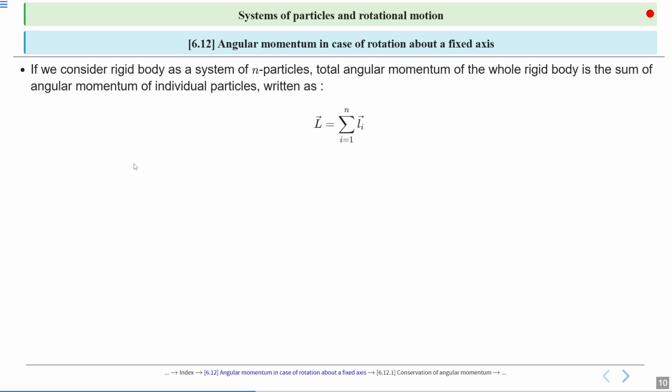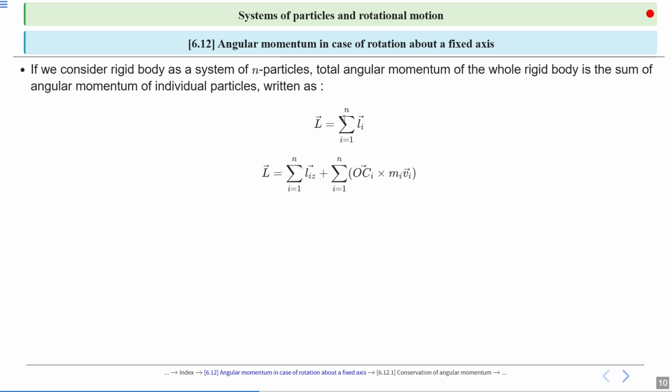We know this RHS term shows the sum of angular momentum of individual particles. For first particle L1, for second particle L2, for third particle L3. So this is the sum of the angular momentum of individual particles. And this capital L is the angular momentum of the whole rigid body.